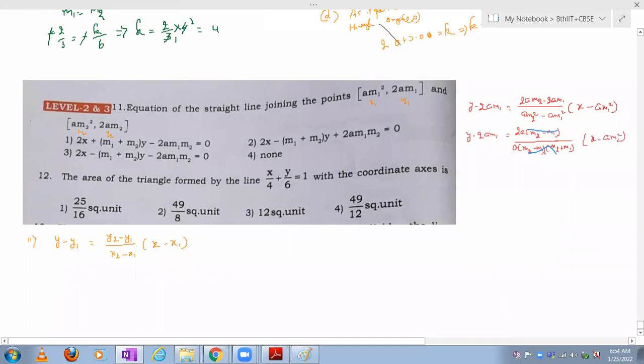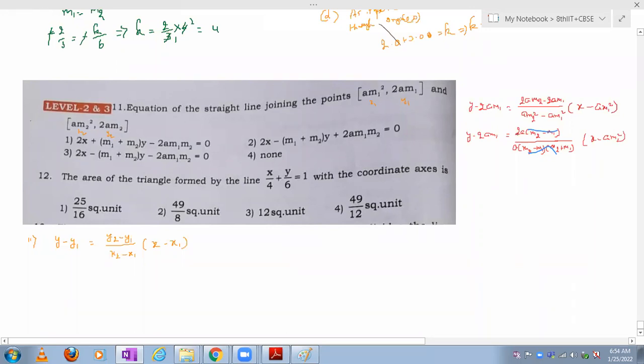Sir, here I used the a square minus b square formula. Understood, Rakshit? Yes, sir, very good. This term cancels: m2 minus m1 cancels, and a also cancels.